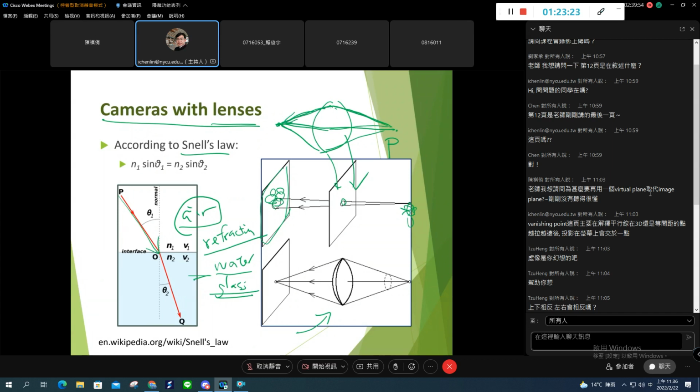For instance, this ray will converge at a certain point on the film, right? So that is the first and most important reason we use a lens, because it makes our film or the captured image work during dark scenes, right?